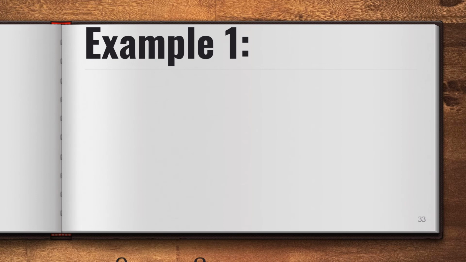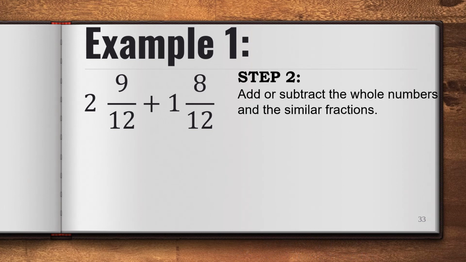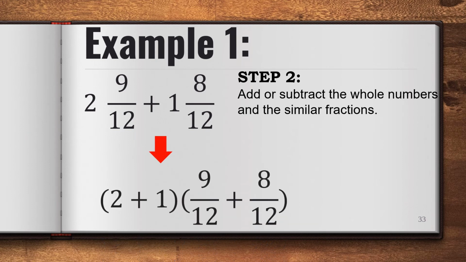For step 2, since we already have similar fractions, we will now add or subtract the whole numbers and the similar fractions. So 2 and 9 over 12 plus 1 and 8 over 12.